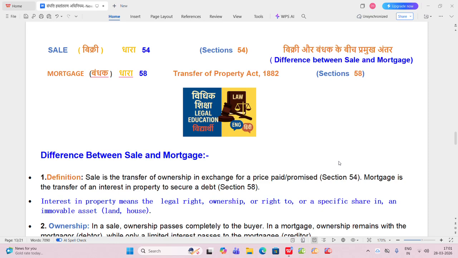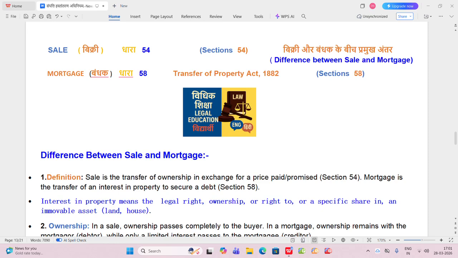Means you can get some right. If you mortgage a house property through a bank, then you will get some rights to live in, but you cannot sell that. This is what is interest in the property.